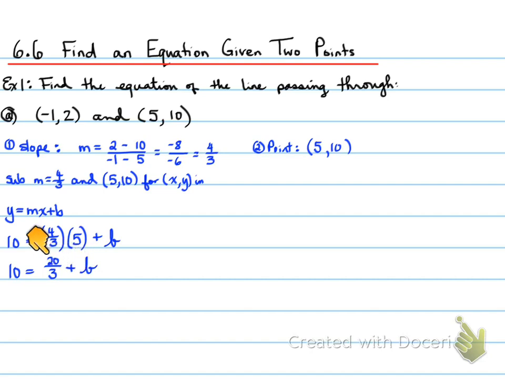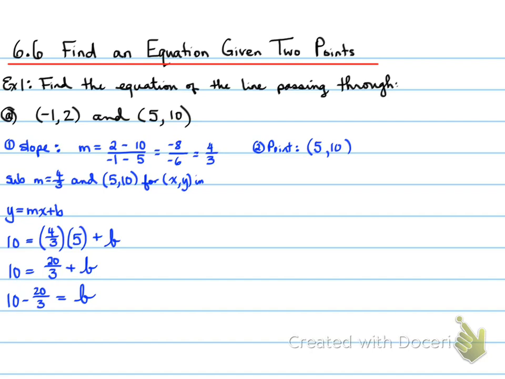What does that mean? Well, now what we need to do is move the 20 over 3 to the other side. That is, we get 10 minus 20 over 3 equals b. Well, now the next step is to either use your calculator or calculate this without a calculator. How would you do that?